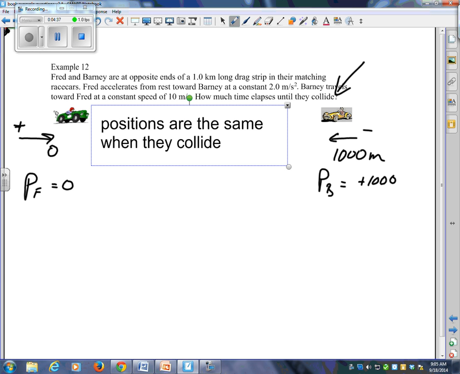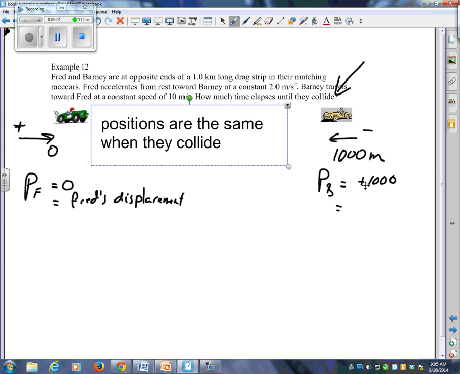Position Fred is equal to Fred's displacement, right? Position Barney is equal to what? Pardon me? It's not Barney's displacement. If Barney's displacement is in there, this is equal to Fred's displacement because he starts at 0.